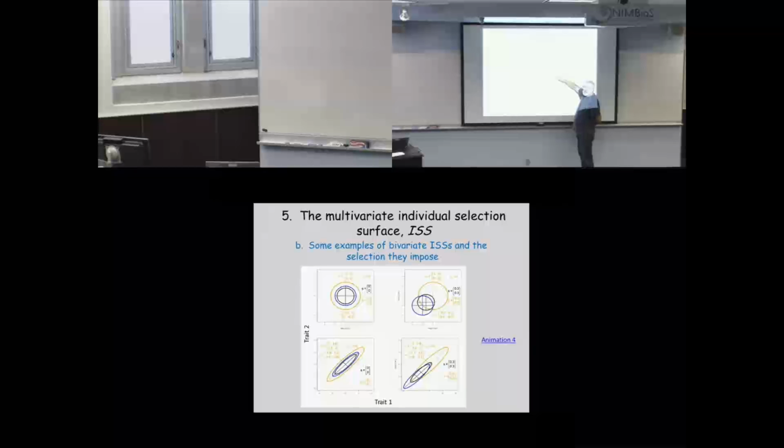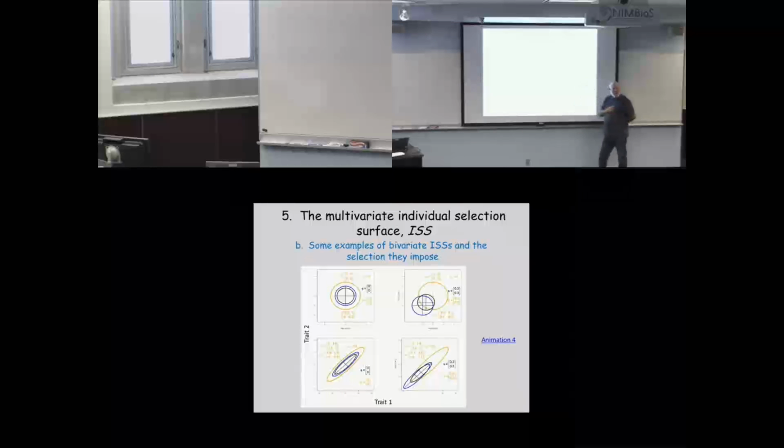And in fact, their variances have been scaled to 1 in both traits, as we've always done in showing these figures. And then here's the trait distribution after selection. The mean is changed, and also the variance is contracted in both traits. And there is apparently no change in the covariance because they're both perfectly circular.